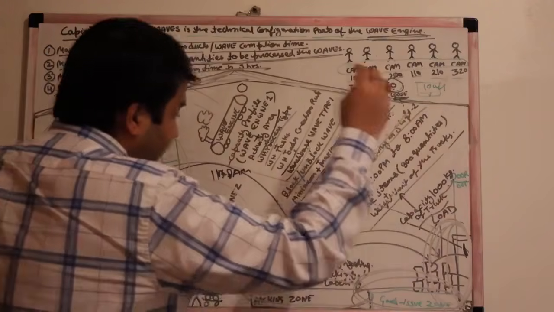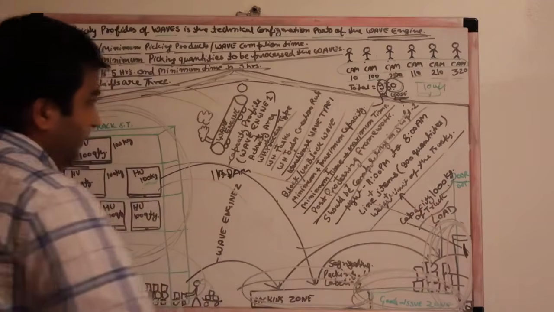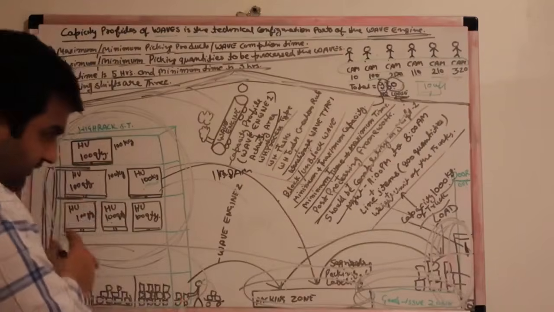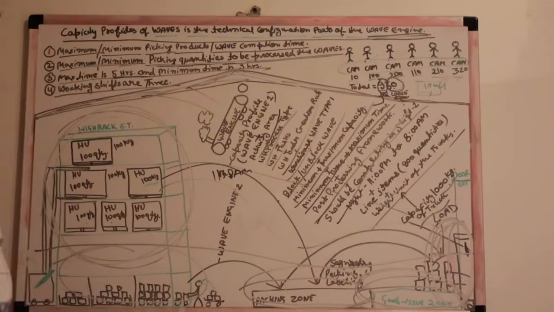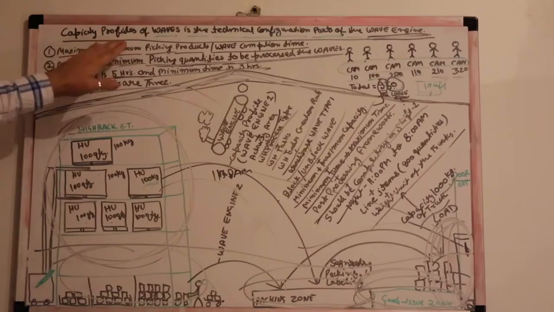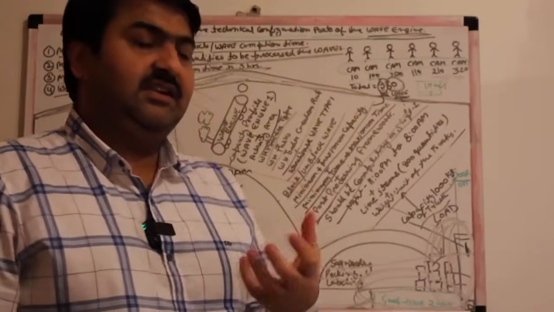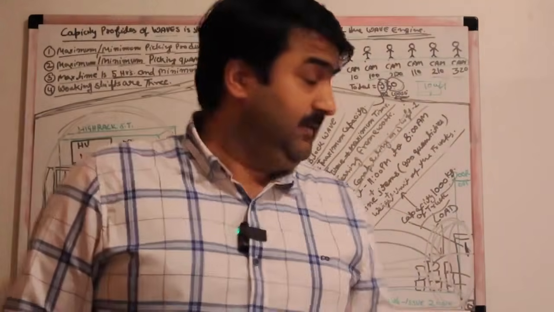This is the one wave flow, this is picking another wave flow. So here we have two different activity areas, two different waves. Capacity profile of waves means very simple, you can understand wave engine. If engine is there, it contains some properties, that's it.